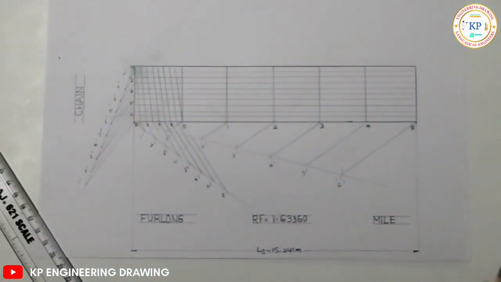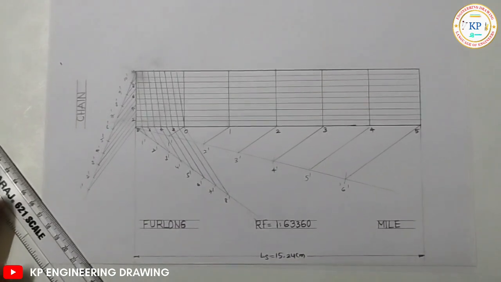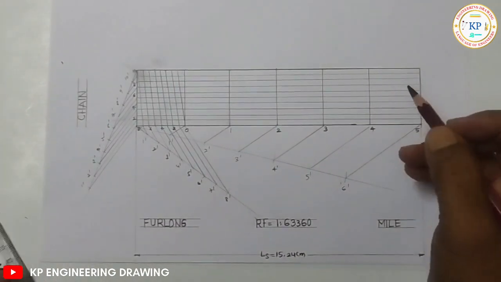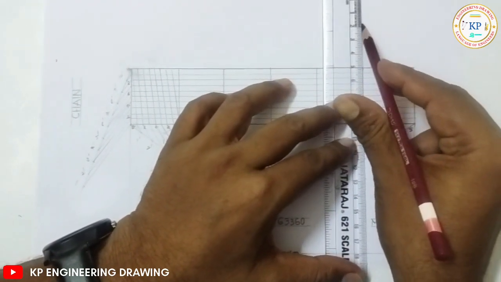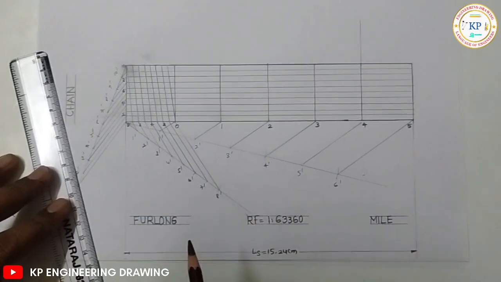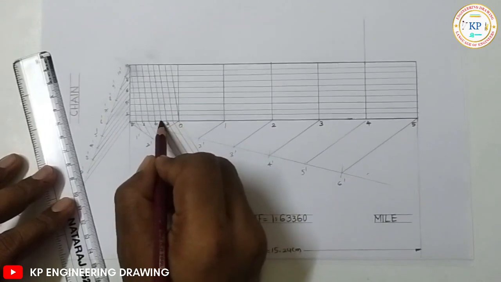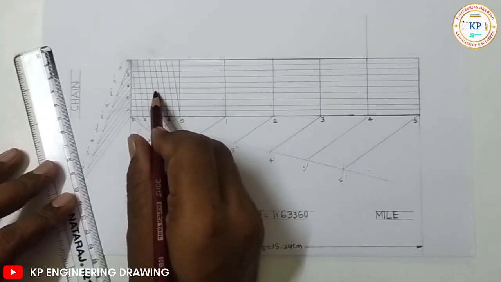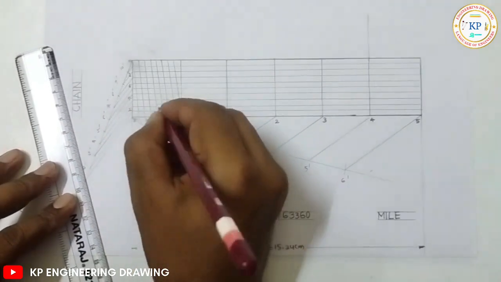Okay, now we need to mark 4 miles, 3 furlongs, 2 chains. So 4 miles is this. 3 furlongs, so 1, 2, 3 furlongs and 2 chains. So 3 furlongs and 2 chains is here.